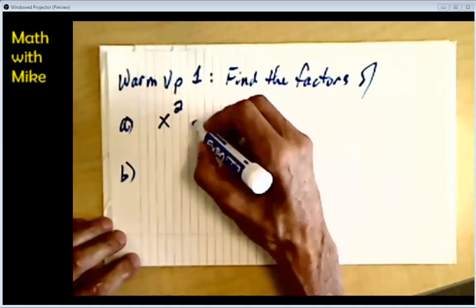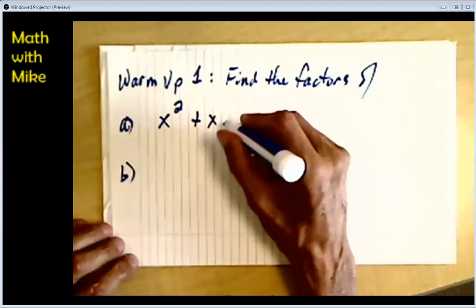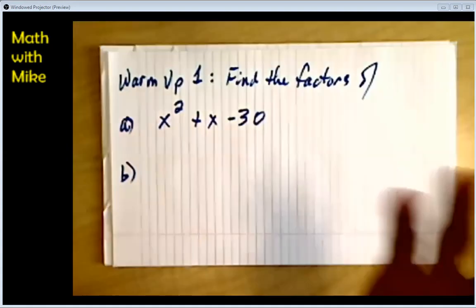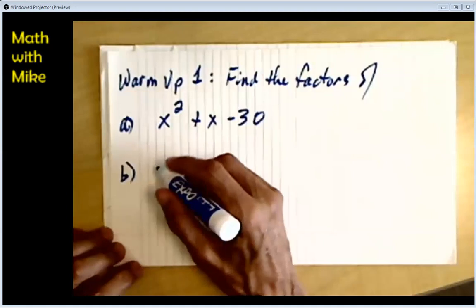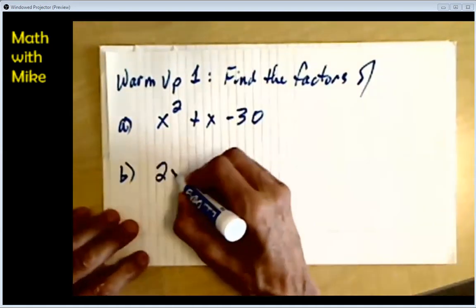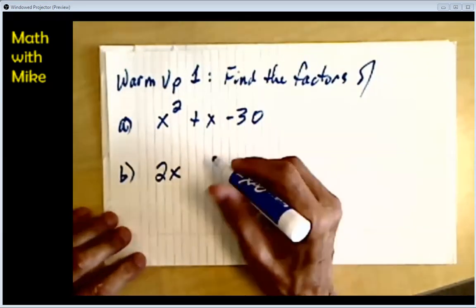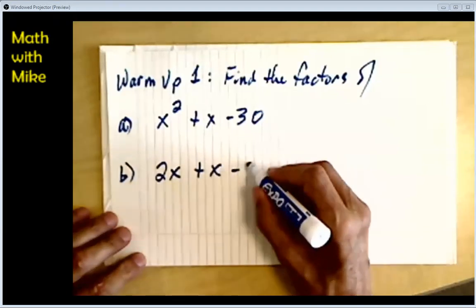X squared plus x minus 30, and 2x squared plus x minus 15.